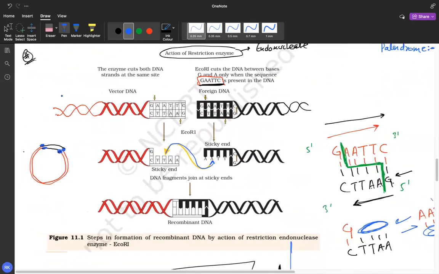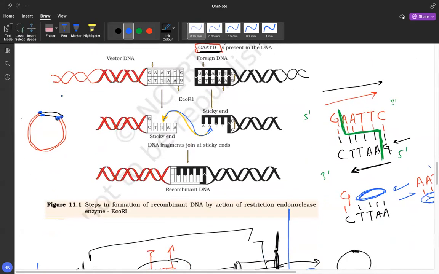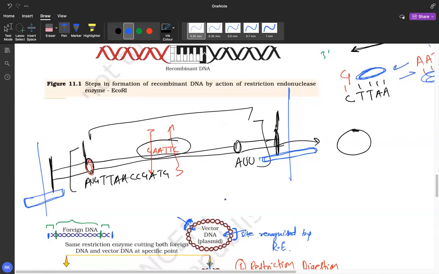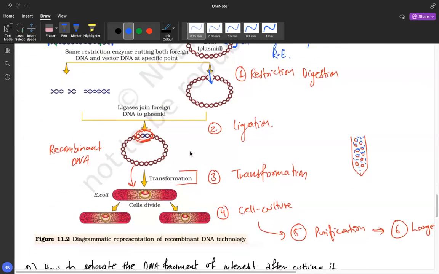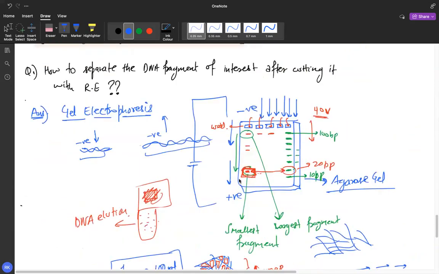We also learned how they work, how they make sticky ends, how they identify palindromic sequences, and how we can insert and ligate our gene of interest to the vectors, right? I also told you towards the end how this recombinant DNA technology works, the flow chart, basically what it is in a nutshell. Today we'll do it in detail.